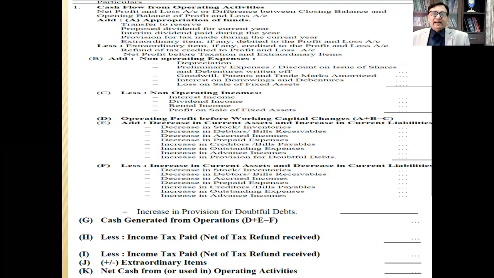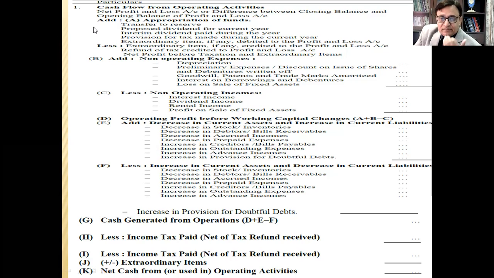We will add them back, because they do not relate to the operating part. If you have transferred to reserve from profit, that will be added back. If you have proposed dividend for the current year debited to the profit and loss account, that is added back. Similarly, interim dividend paid during the year is basically an appropriation of profit, not a part of the revenue generating operations of the business.